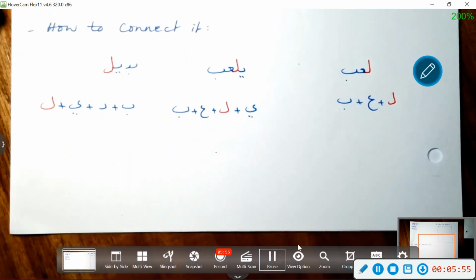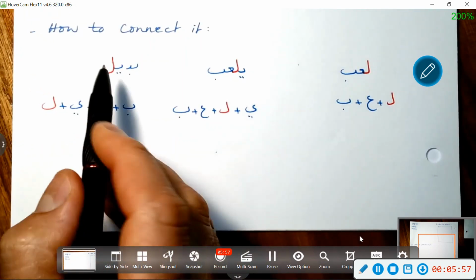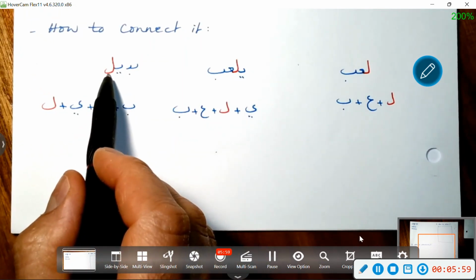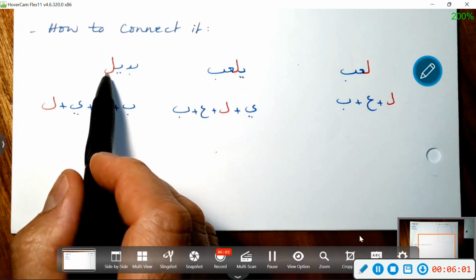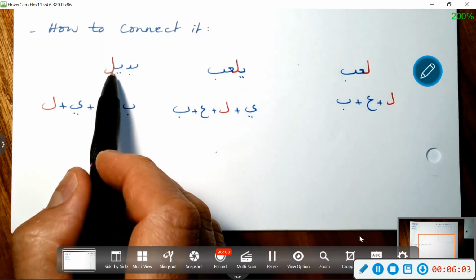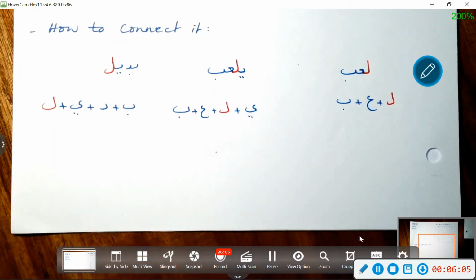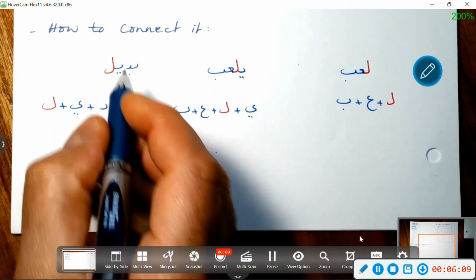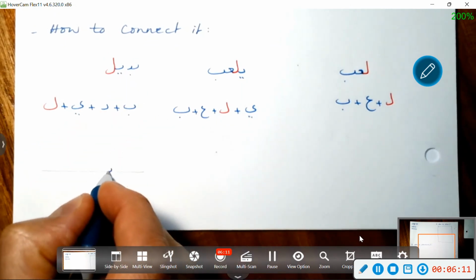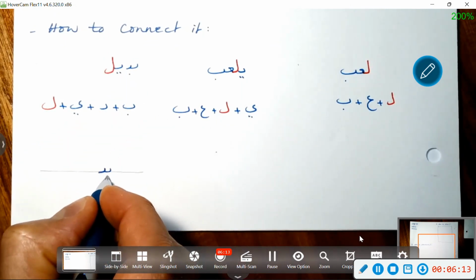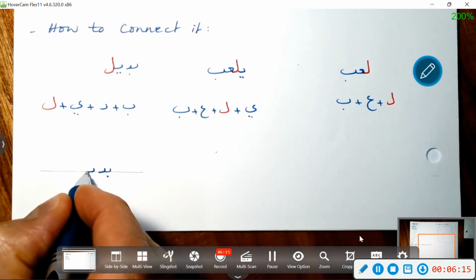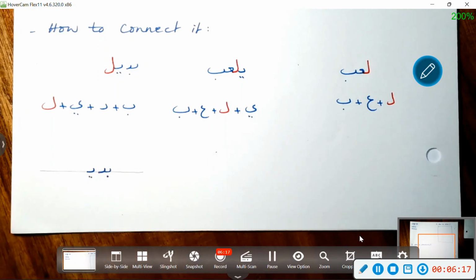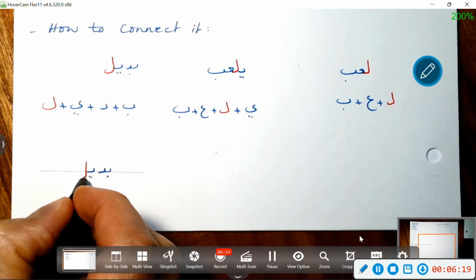If you notice that the lam, because it's at the end of the word, now goes below the line. So if we draw the line here and we want to write بديل, ba on the line, dal on the line, ya on the line, and then the lam goes down below the line.